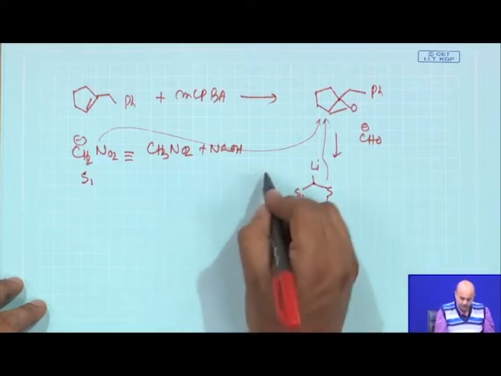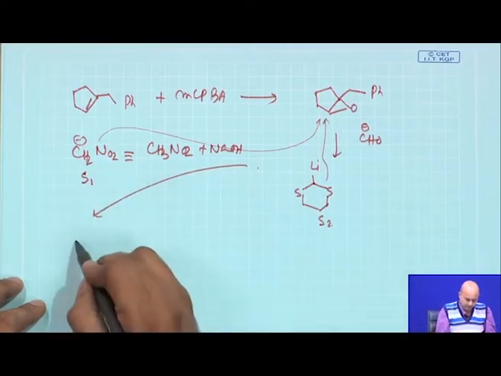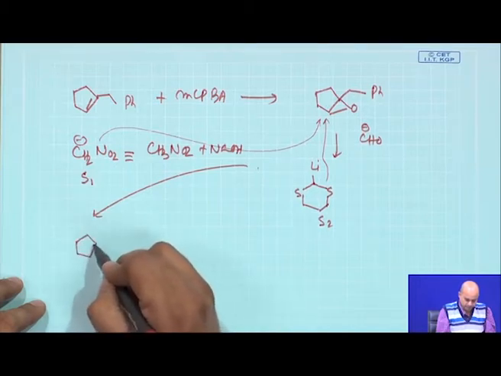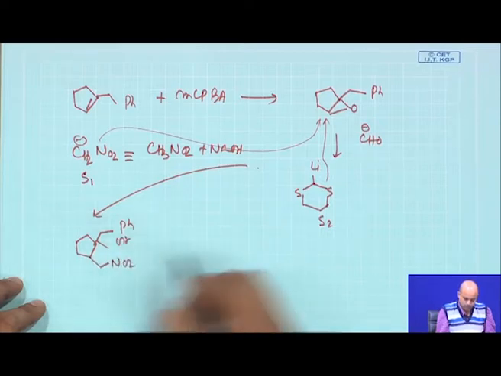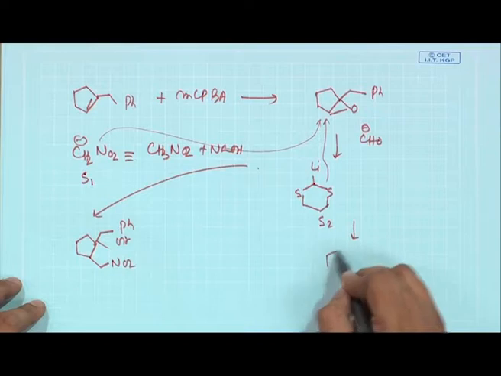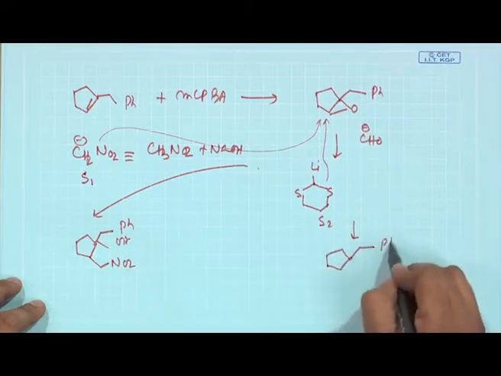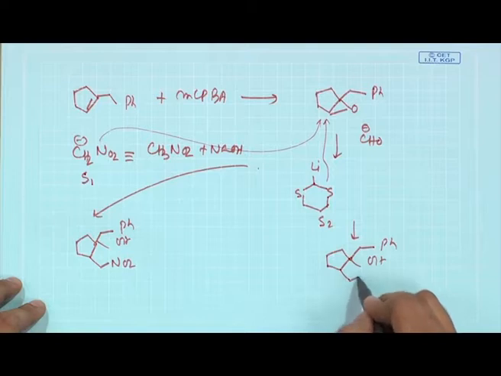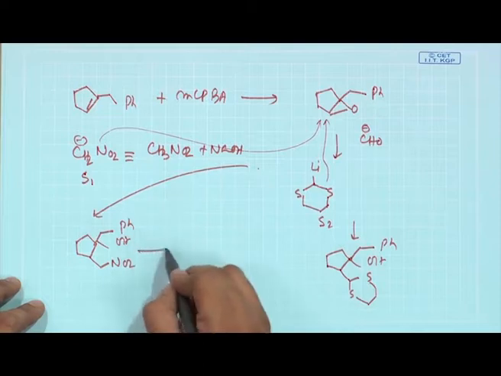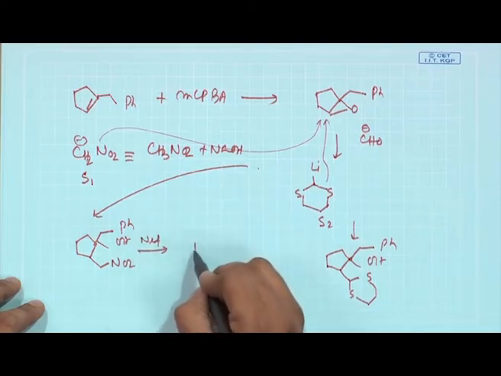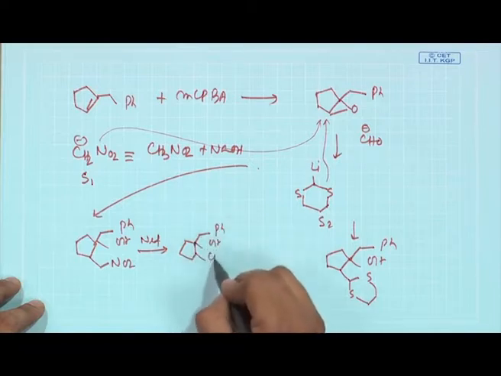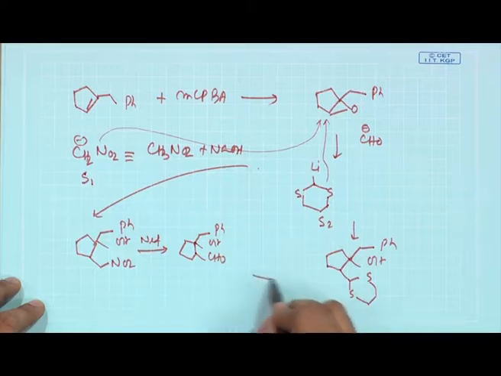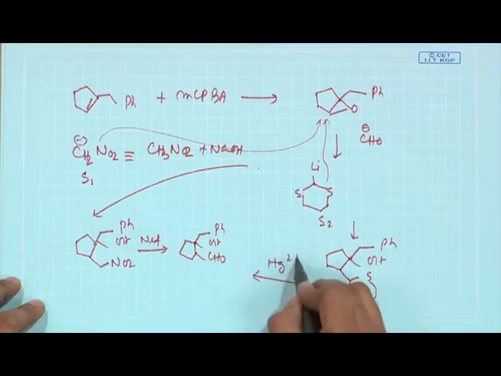In this case you will get OH, CH2NO2, and in this case you will get the entire dithiane part. Next you do a Nef reaction here to complete the synthesis. Here you do the same thing by mercury mediated cleavage.